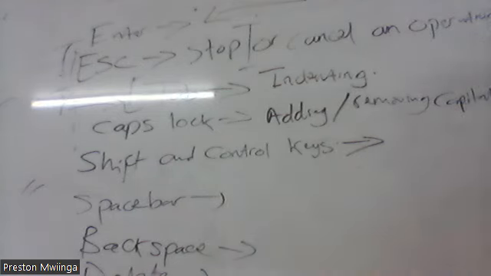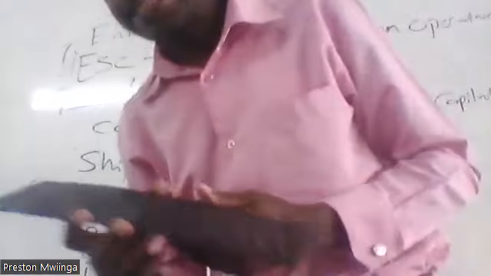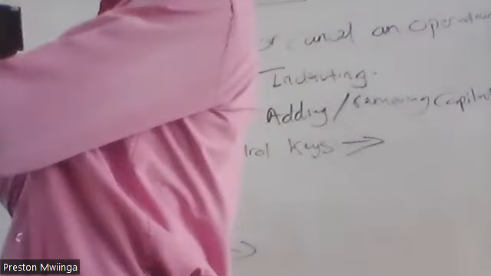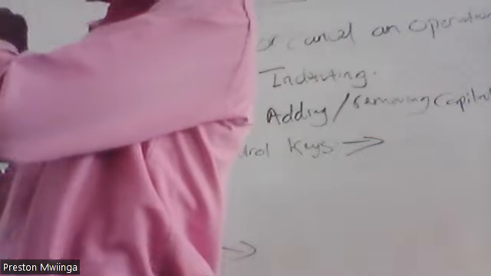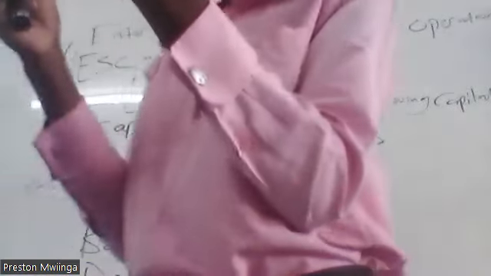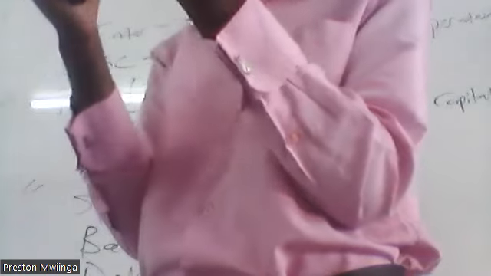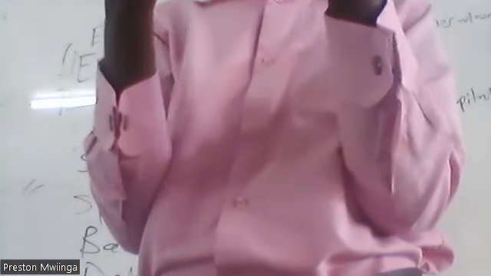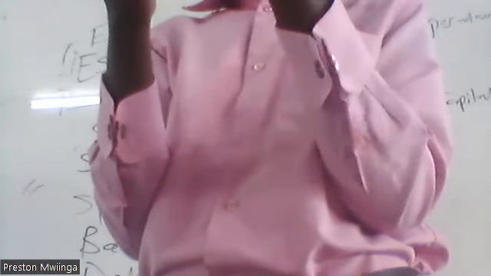Besides the Page Break, another key that we have here is the Print Screen. Where's my Print Screen here? Are you able to see your Print Screen on your keys? Where is it?